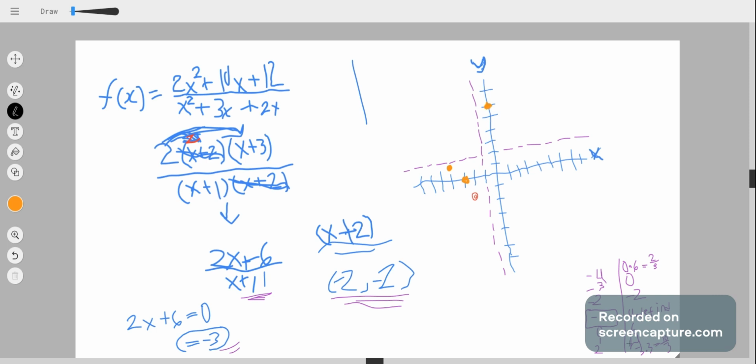And then 1, 4, which is going to be right over here. And then our 2, 10/3. So right around, I'd say, past the 3. So here. Yeah, somewhere like that.